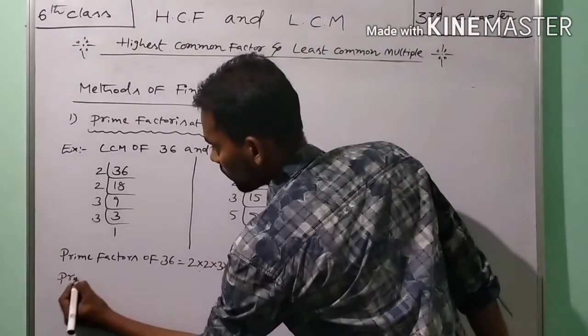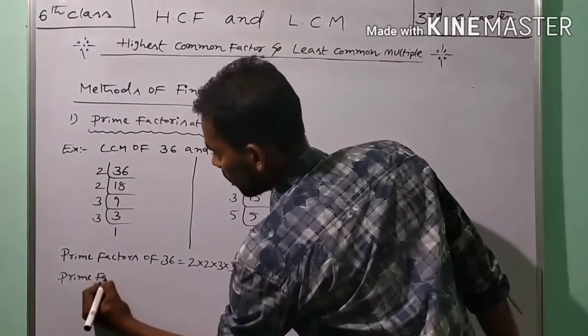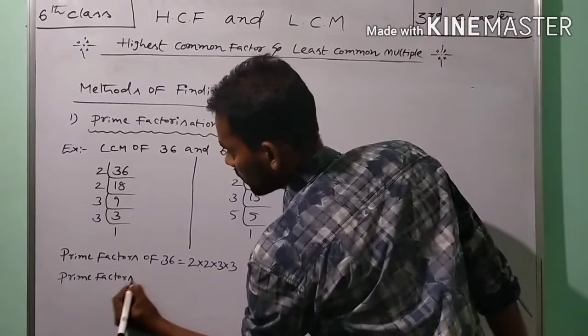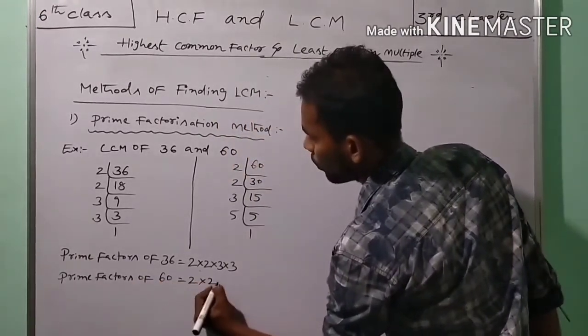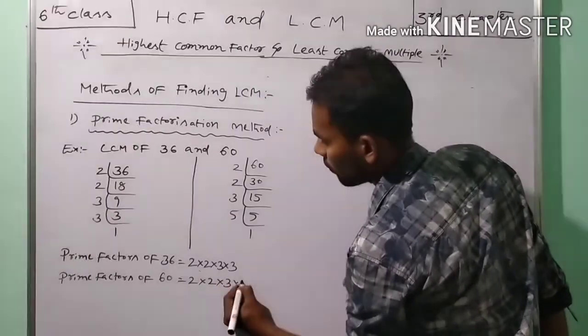Prime factors of 60 equal 2 into 2 into 3 into 5.